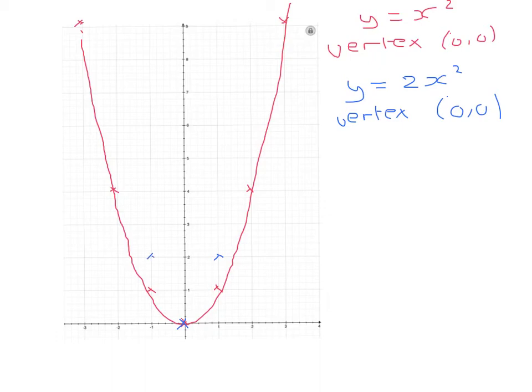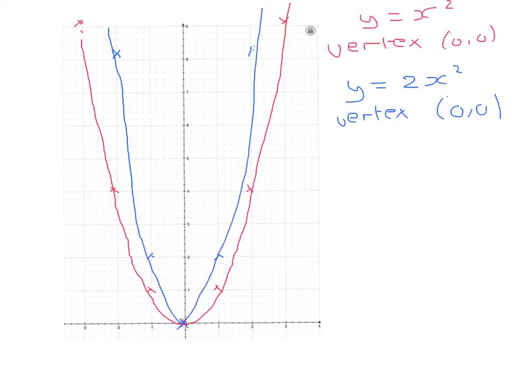And then we're going out 2, and instead of going up 4, it's 2 times 4. So now we're going up to 8, on both sides. And when you've got all the points that will fit on the scale you've got, drawing a nice smooth curve with arrows at the end.